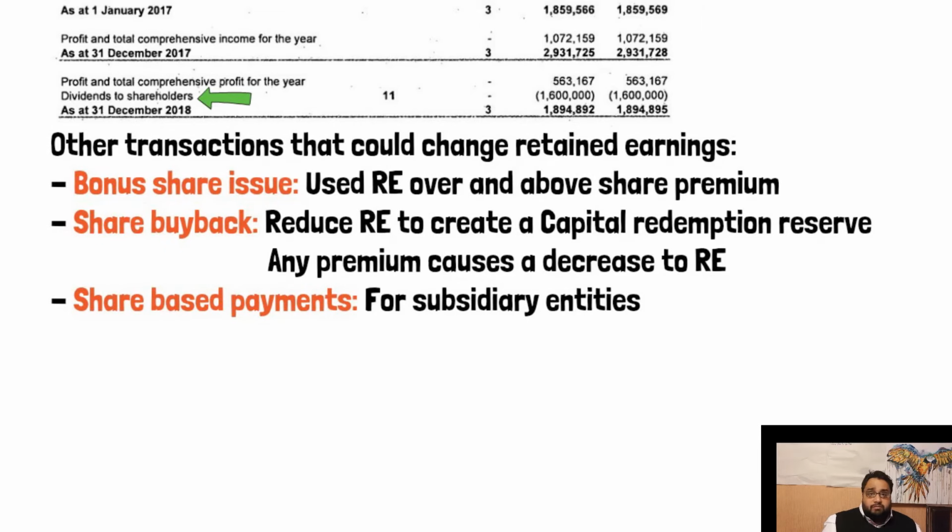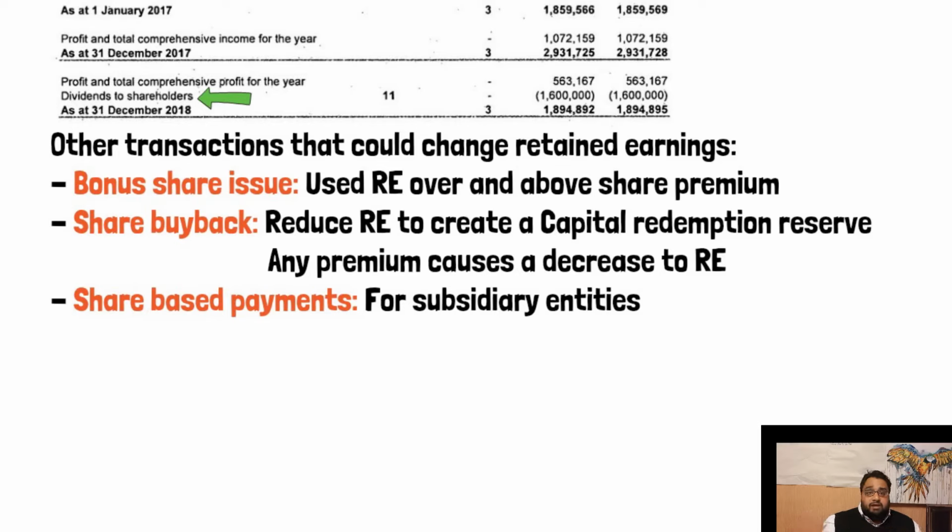Now, retained earnings can reduce in other ways as well. For example, if bonus shares are issued, then any amount over and above the amount that has been wiped out of share premium when making share premium zero goes to retained earnings as a debit balance. When share buybacks occur, retained earnings is reduced and a capital contribution reserve is created for an equal but opposite amount.